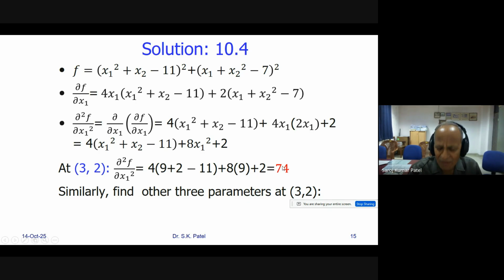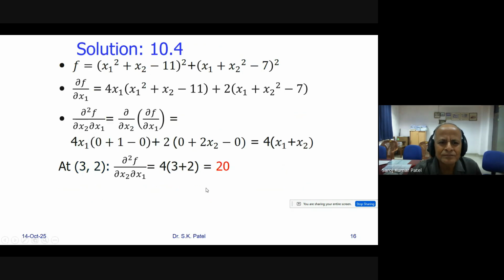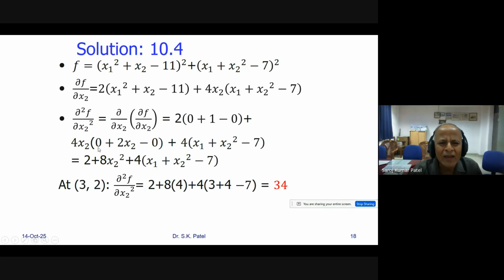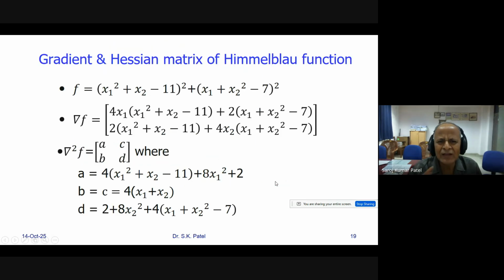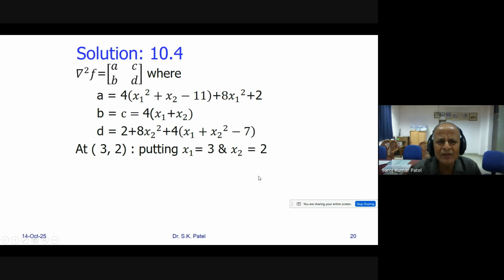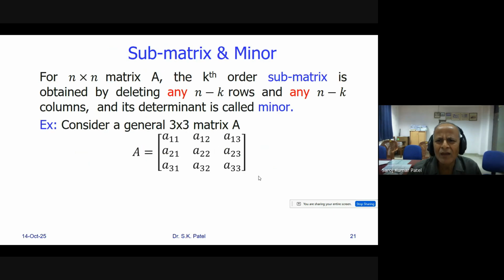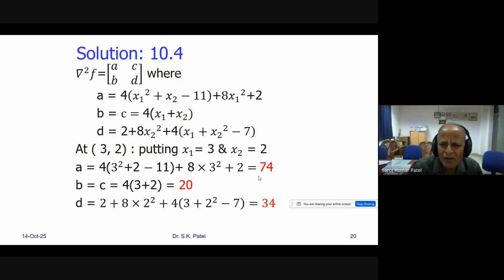Similarly, finding out the other 3 expressions, del square f by del x2 del x1 will be 20 at (3, 2), and del square f by del x1 del x2 will be 20. And del square f by del x2 square will be 34. So thus at (3, 2), the Hessian matrix will be 74, 20 and 34.